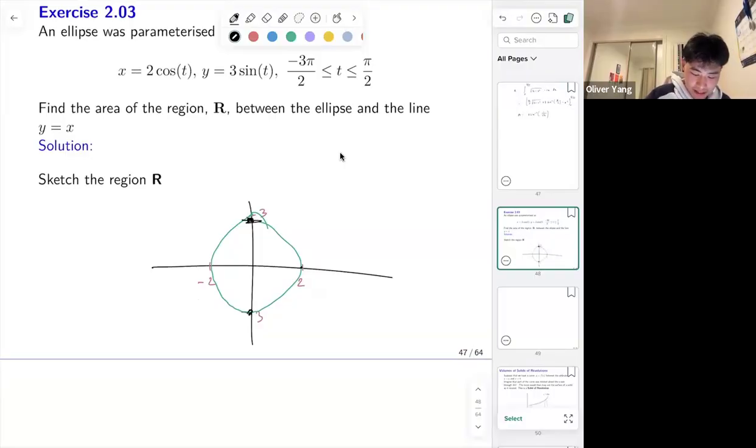Do we agree? So basically I'm looking at this side, because that's what it's parameterized.